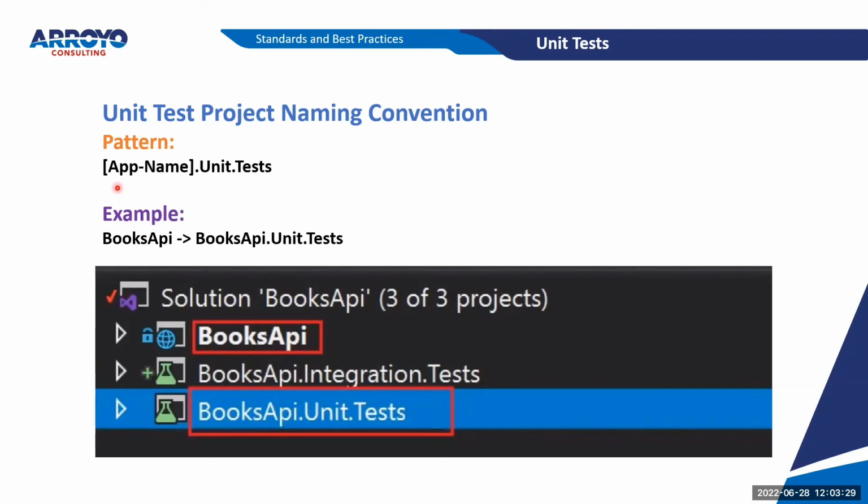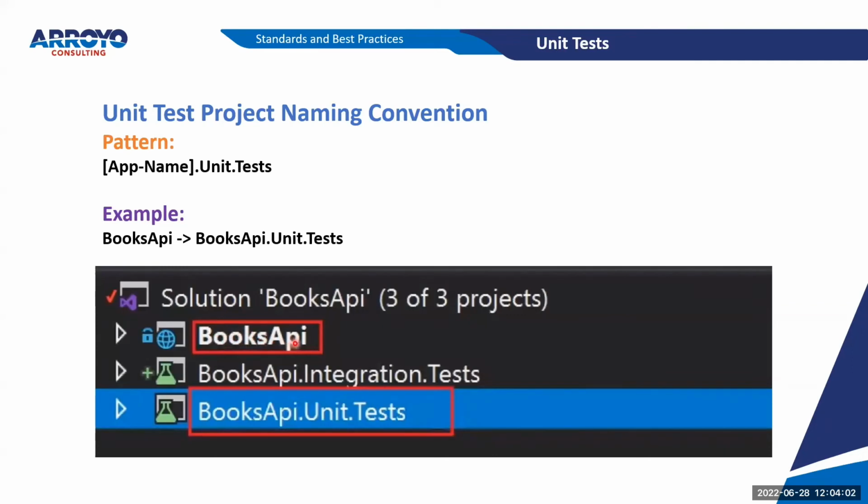Here, for example, we have this application, Books API. So when we want to create a testing project for this project, we have to use the same name, BooksAPI.UnitTest. That's the name that we have to use to create the unit test for this project.